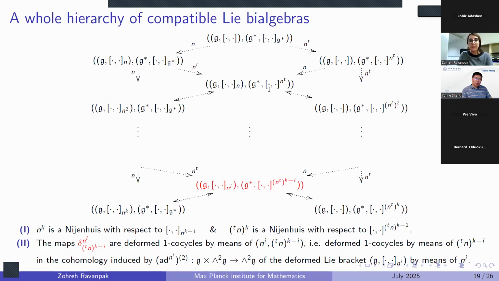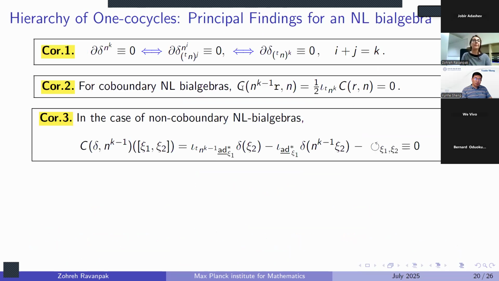Second, the concomitant appears in the part of the diagram where the double deformation happens. We want the hierarchy of concomitants to vanish as well. Using the result on hierarchy that I just explained on the diagram, on each row we need just to prove that one of those is a one-cocycle; the others follow directly.